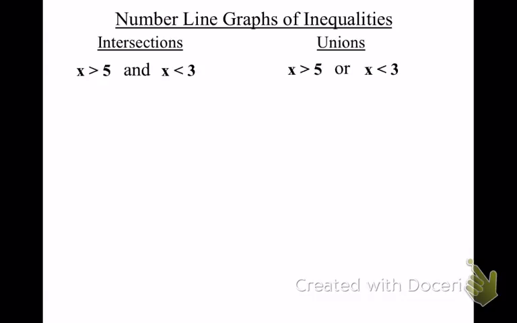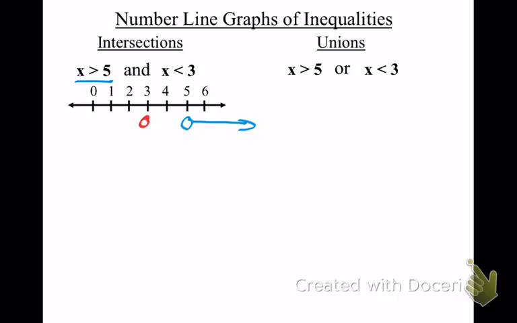Okay, in this situation, let's graph it. Go. Let's graph. So, x is greater than 5. I'm going to go in this direction, right? And the next one is x is less than 3.